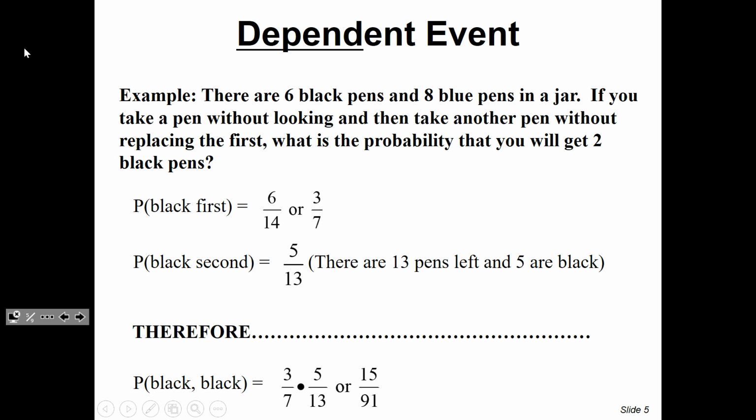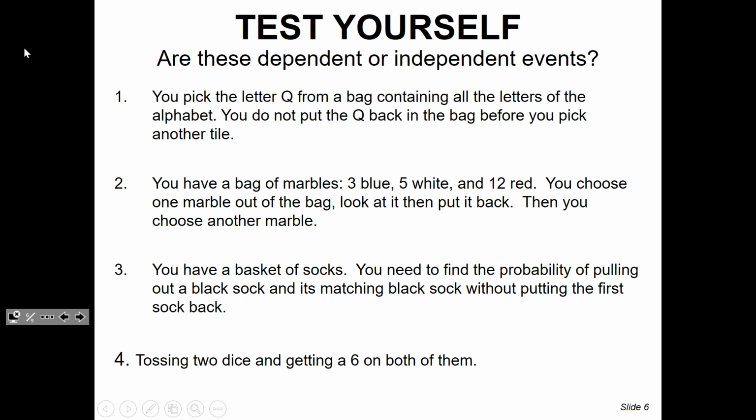So next, here are 4 scenarios. You do not need to write these scenarios down. I want you to read each one of them and write on the blank 1, 2, 3, and 4 whether you think it is independent or dependent. So just write on the line if it's independent or dependent. I'll give you a second to read them.